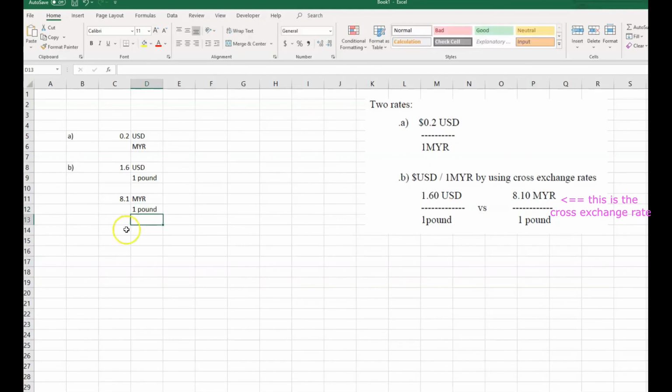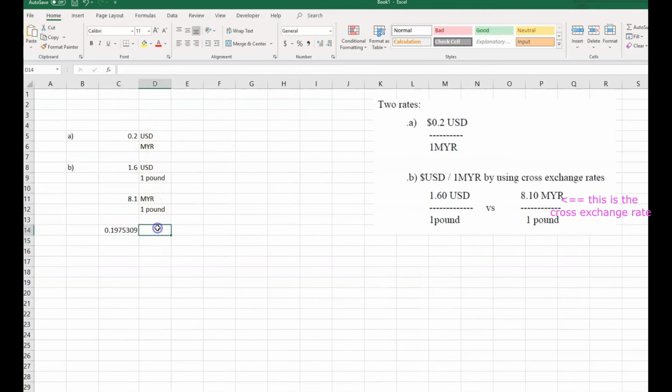So the result is 0.1975 USD per ringgit. So this one is different. I'll make it red. This is different from 0.2. Because they are different, it indicates we have an arbitrage opportunity.